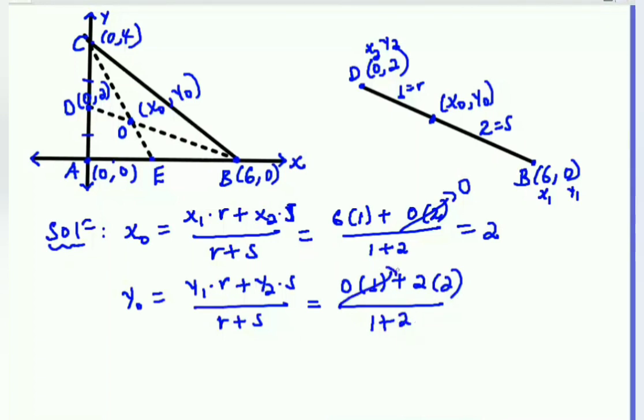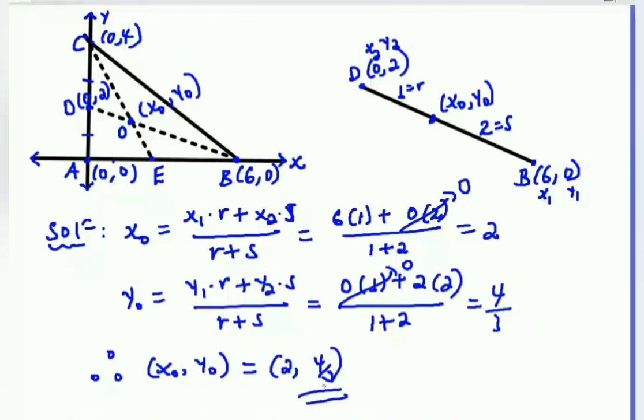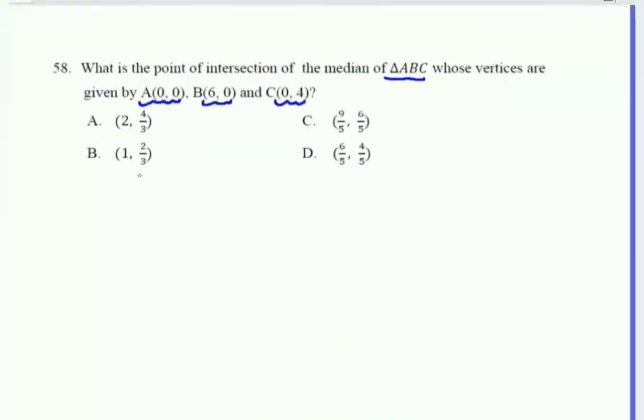So this becomes 0 plus 2 times 2, which is 4, over 3. Therefore, the point in which the medians intersect is (2, 4/3). (2, 4/3) is the point in which the medians intersect. So this will be our answer.